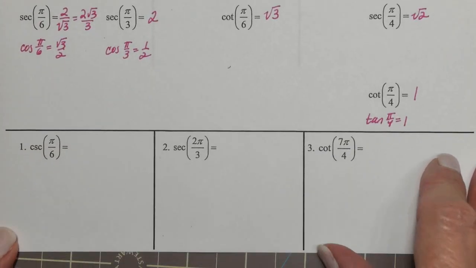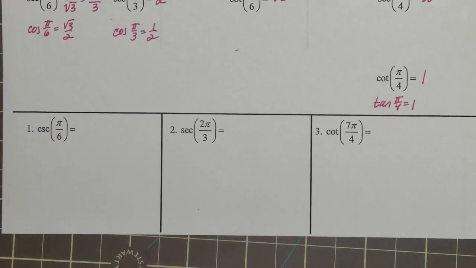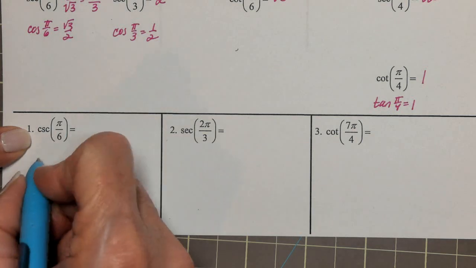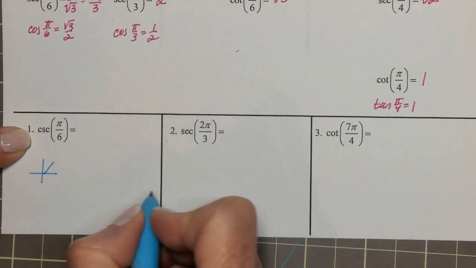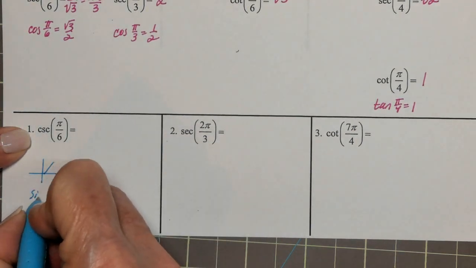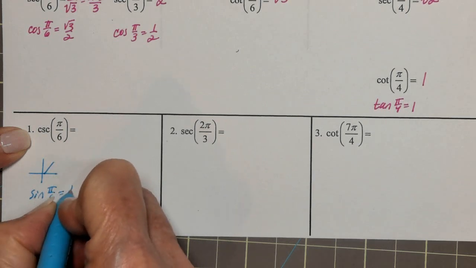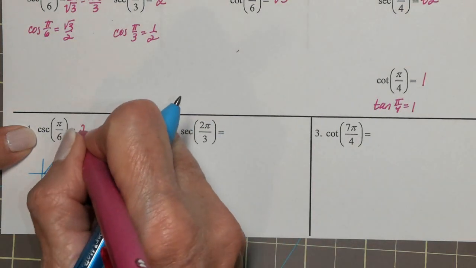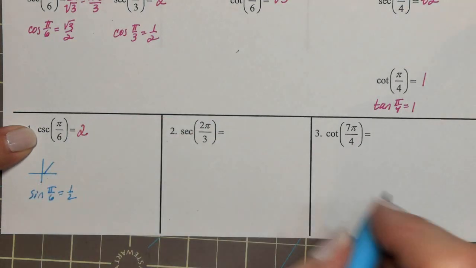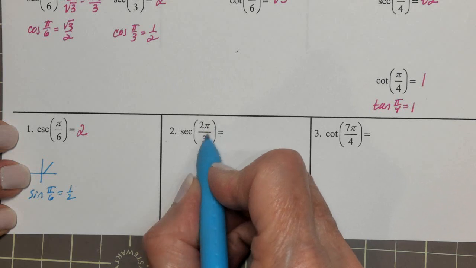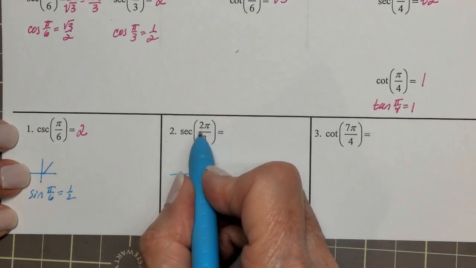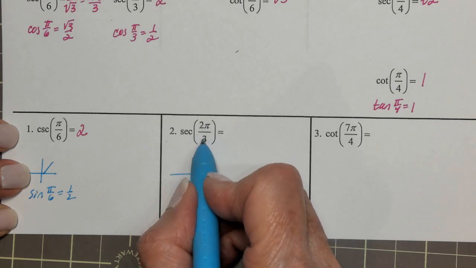Okay, let's do some mixed, in mixed quadrants. All right, cosecant of pi over 6. That's just in the first quadrant. Sine is positive. Sine of pi over 6 is 1/2. So cosecant of pi over 6 is 2. Secant of 2 pi over 3. What quadrant are we in? 2 pi over 3 is 1 pi over 3 less than 3 pi over 3.